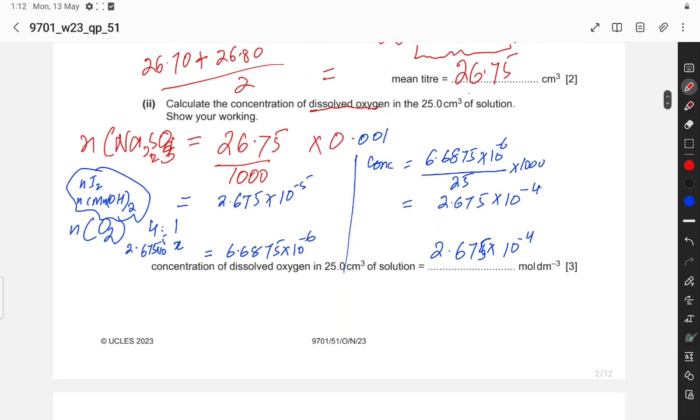So we have moles of oxygen as 6.6875 × 10^-6.